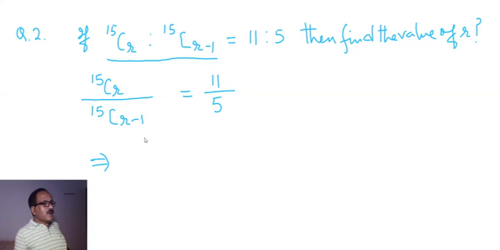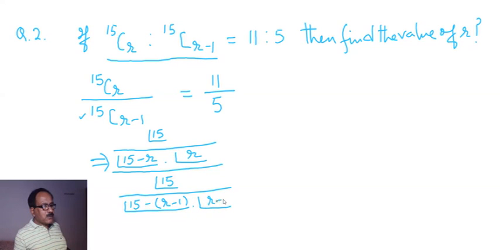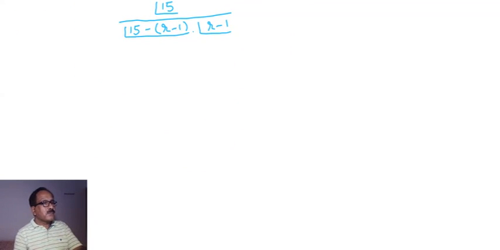Again, 15CR may be written as factorial 15 upon factorial 15 minus R into factorial R. In denominator part 15CR minus 1, we may write down like this: factorial 15 upon factorial 15 minus R minus 1 into factorial R minus 1. In right hand side, only 11 upon 5.